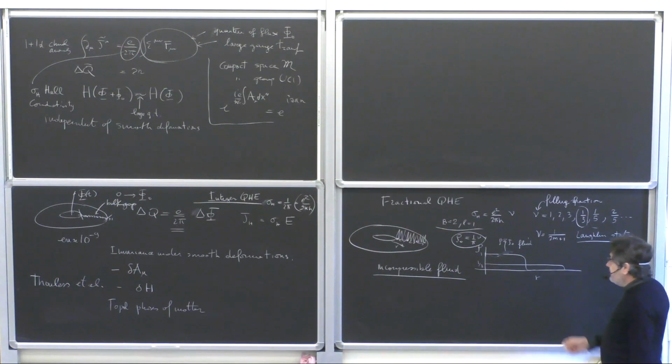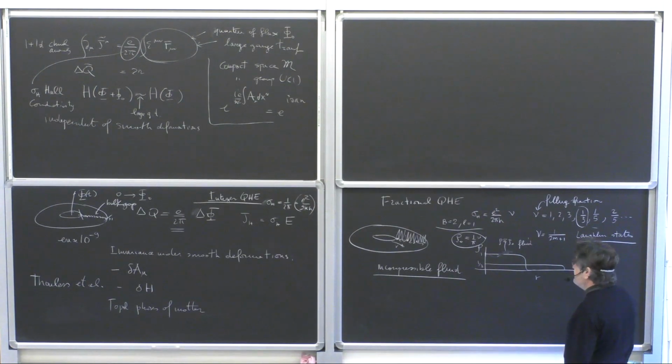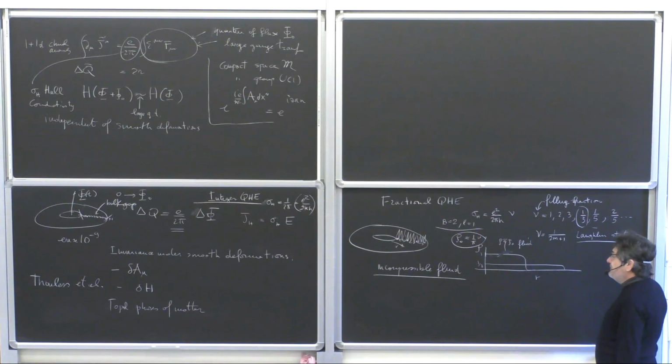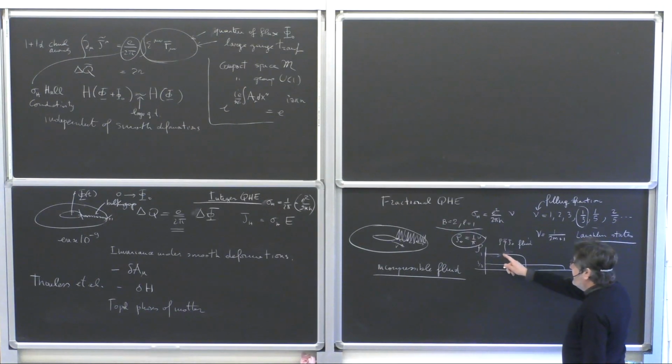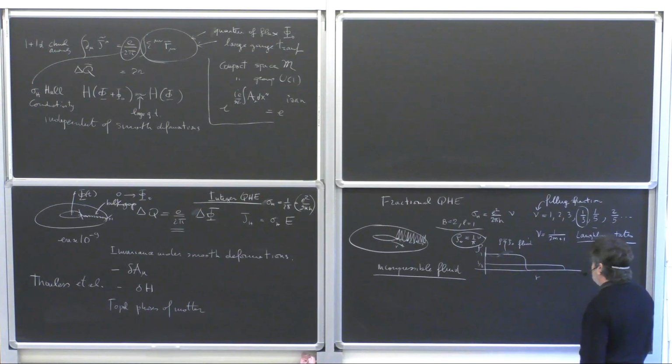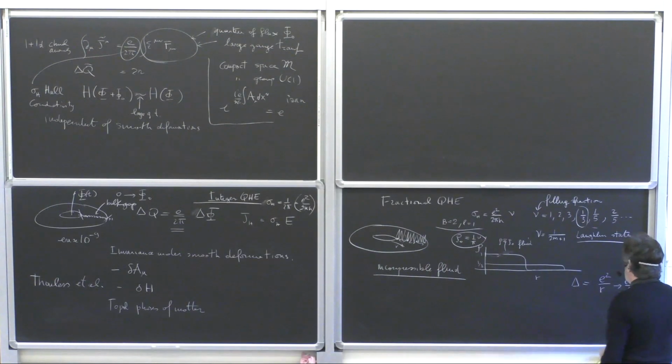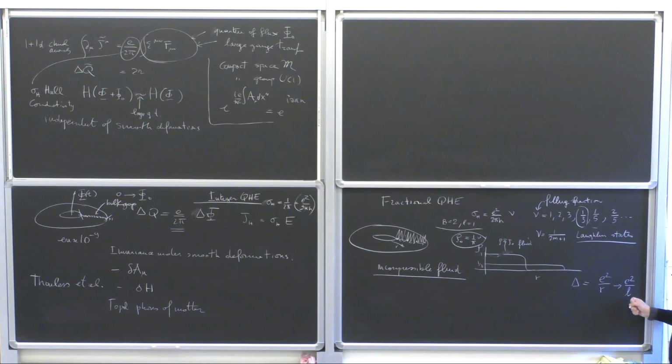Then we can also say, oh, I have a gap. A gap will be related to the Coulomb interaction this time, not to the gap between Landau levels. Okay, so the gap will be of the order of e squared over the magnetic length, which is the only length possible in the system.